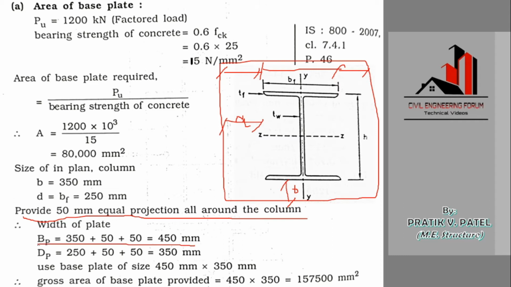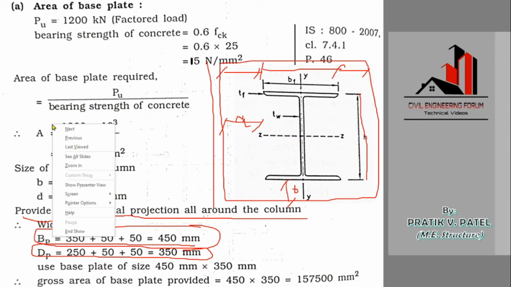See this, shown over here, we denote it as Dp, that is the width of the base plate. And again, regarding the other dimension of the base plate, this B is also 50. So overall here it is 350 plus 100, that would be 50 plus 50, that is 450 mm. So in this way we have fixed the dimensions of the base plate.